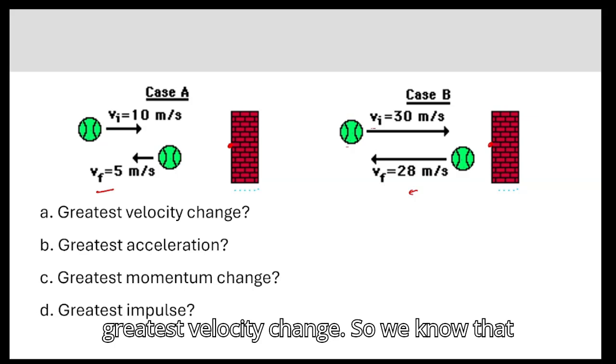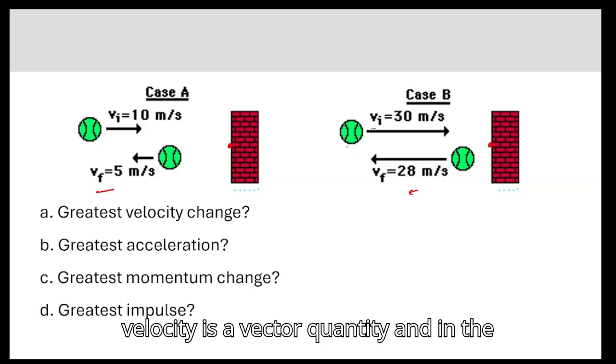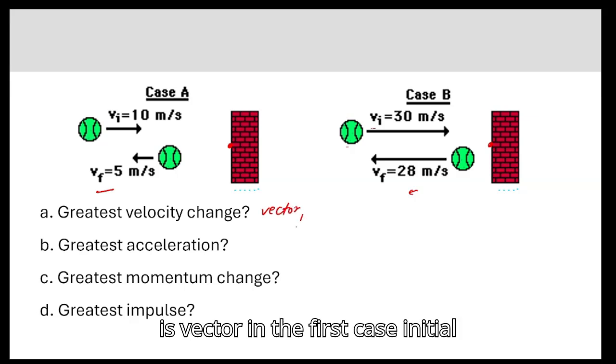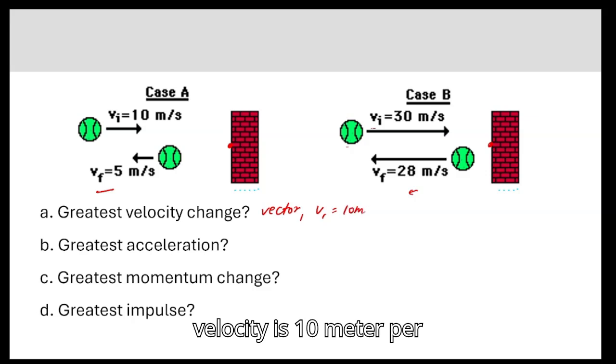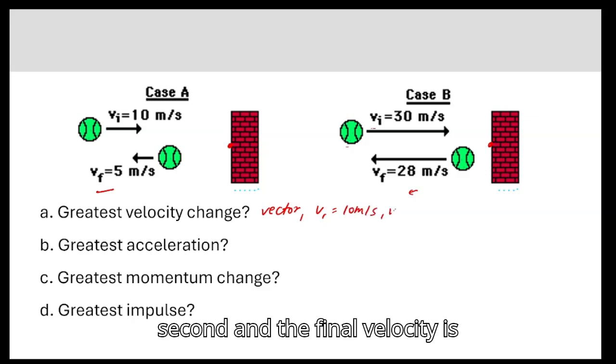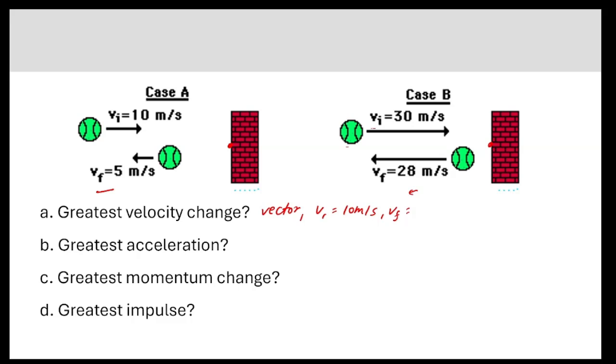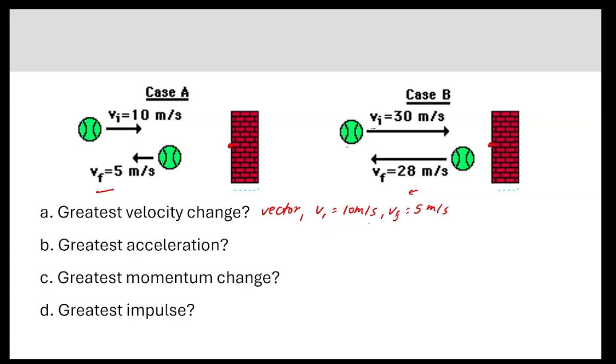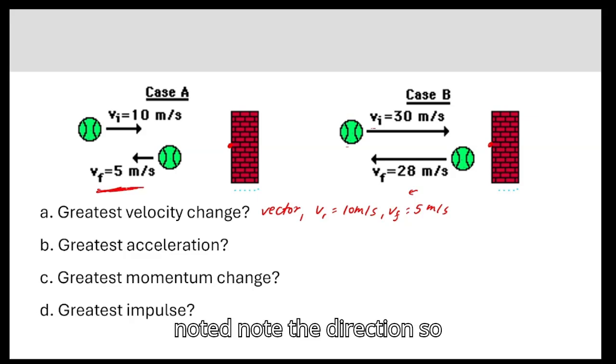So we know that velocity is a vector quantity. In the first case, the initial velocity is 10 meters per second and the final velocity is 5 meters per second. So the change in velocity is 5. Sorry, we should also note the direction.